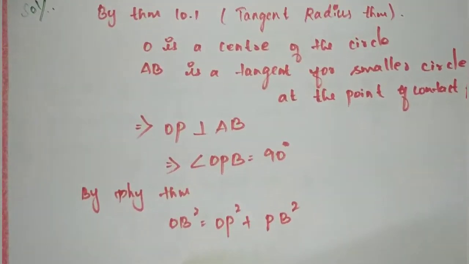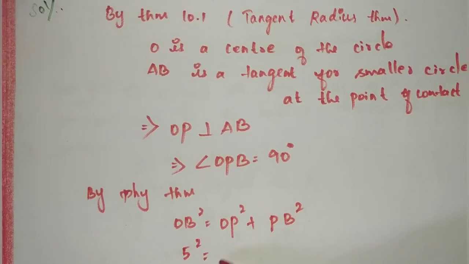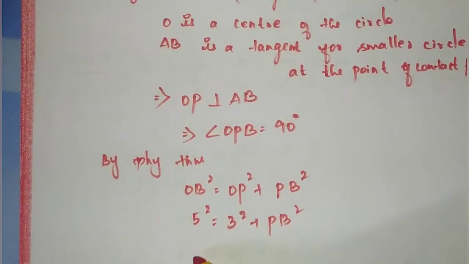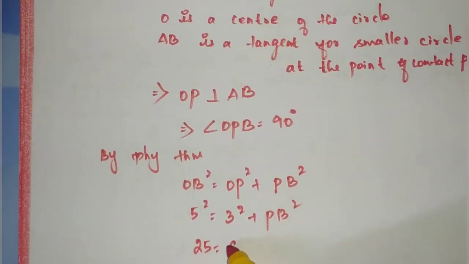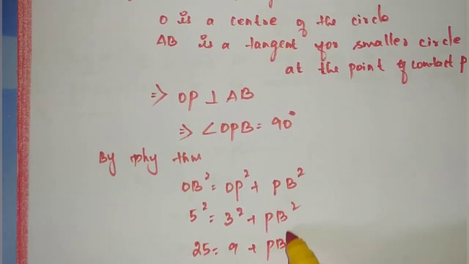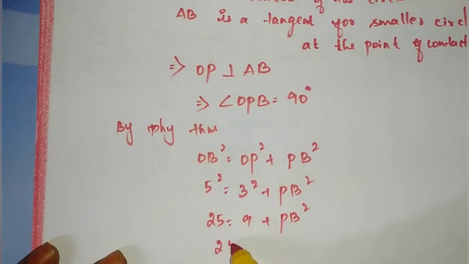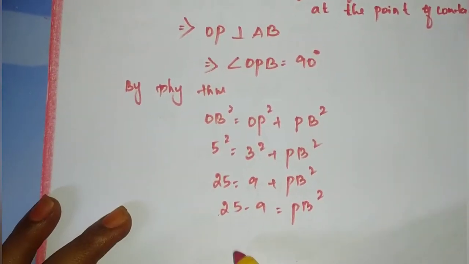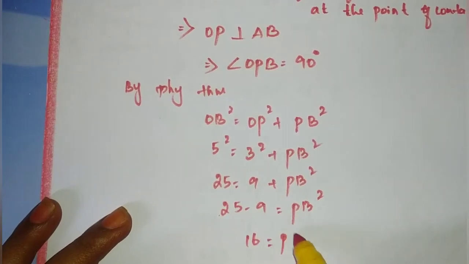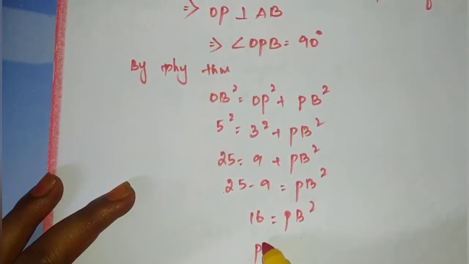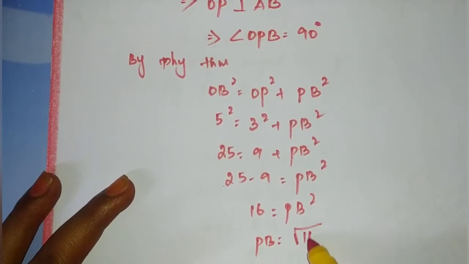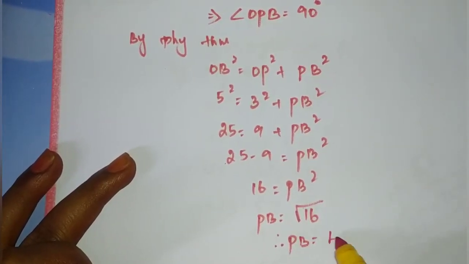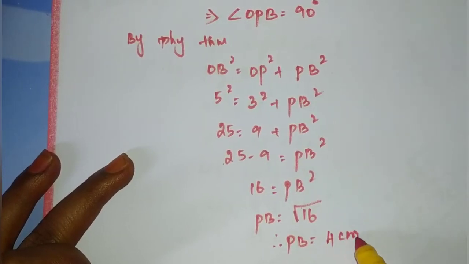OB is 5 square, and this is 3 square plus PB square. 25 is equal to 9 plus PB square. 25 minus 9 is equal to PB square. 16 is equal to PB square. PB is equal to root 16. Therefore, PB is equal to 4 centimeter.